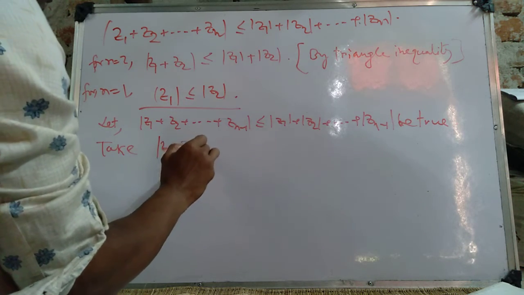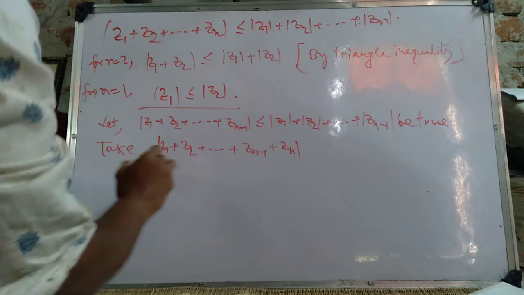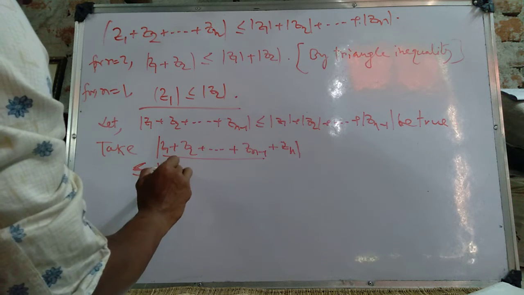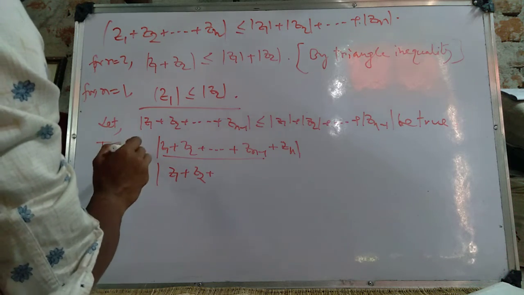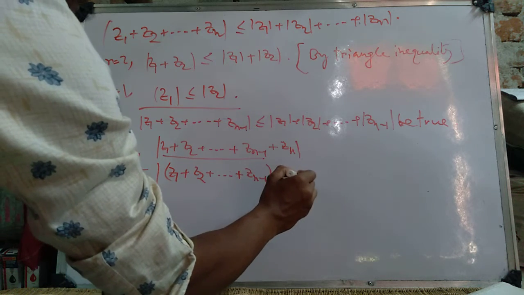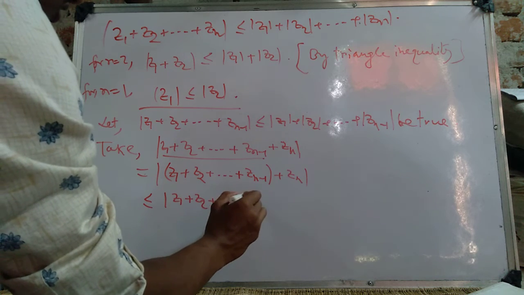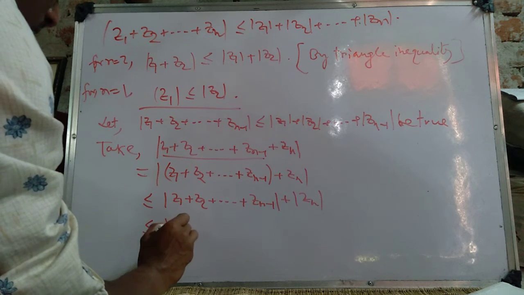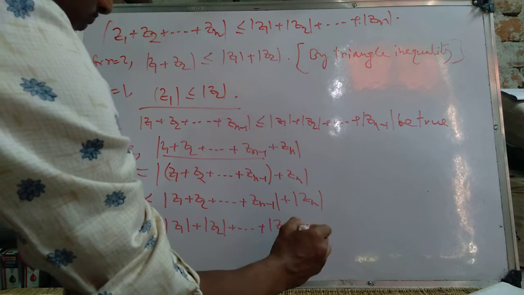Then we write |z1 + z2 + ... + z(n−1) + zn| ≤ |z1 + z2 + ... + z(n−1)| + |zn| ≤ |z1| + |z2| + ... + |z(n−1)| + |zn|.